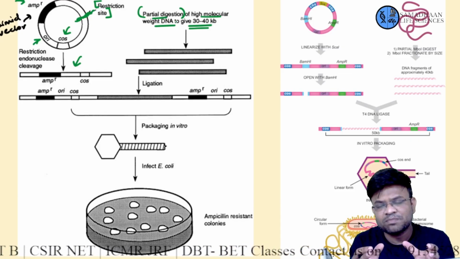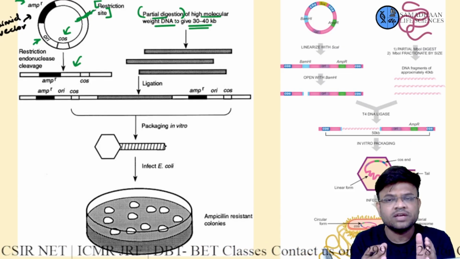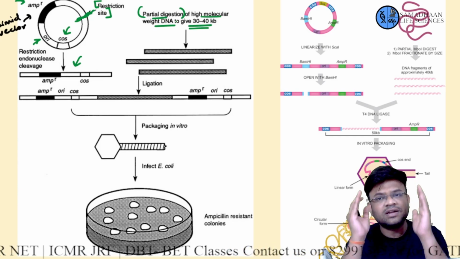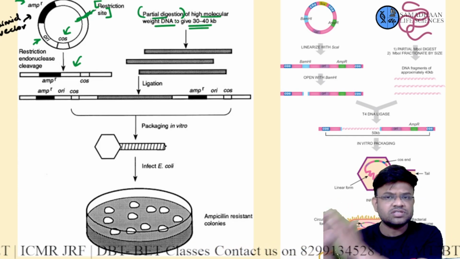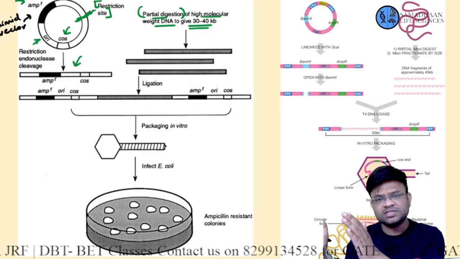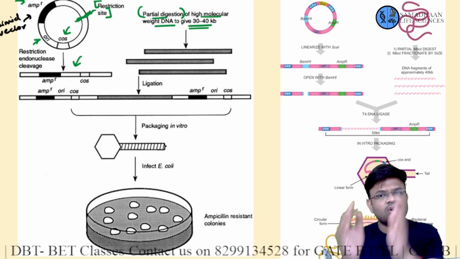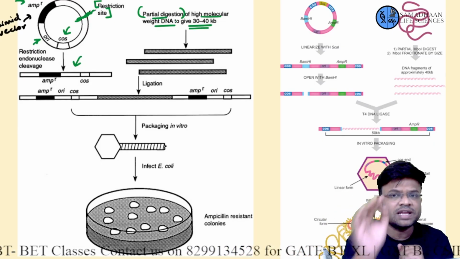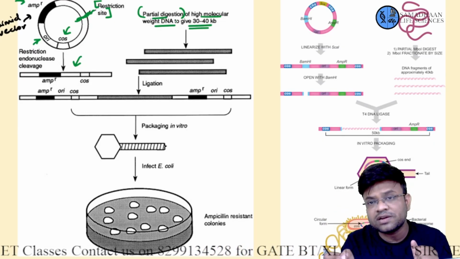Complete digestion simply means that you are cutting at all the restriction sites simultaneously. That means if there are 3 restriction sites, I would be cutting at all the 3 restriction sites simultaneously. This is called complete digestion.